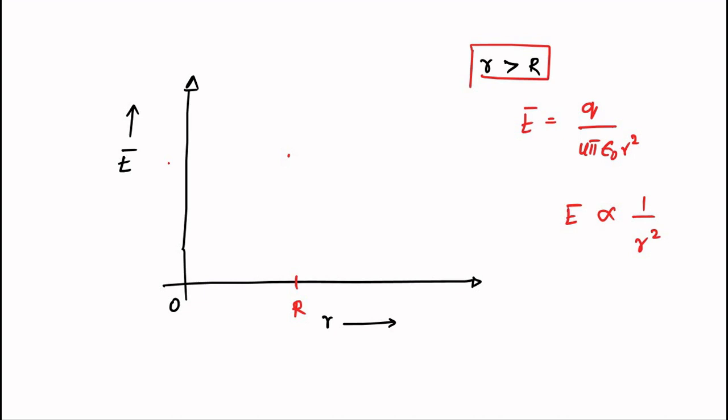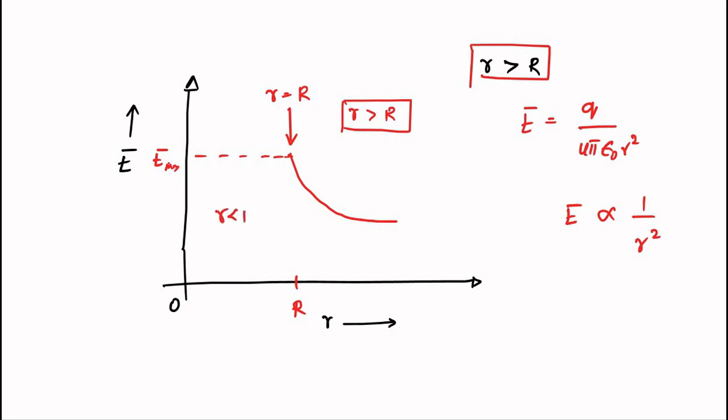So from this point, r greater than R, the electric field intensity decreases parabolically, like this. And at this point where r is equal to R, it is maximum. And for r lesser than R, it is 0.